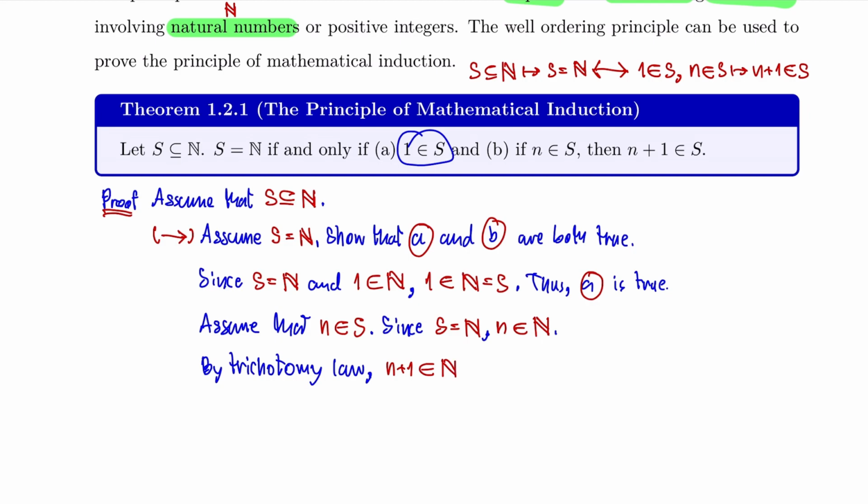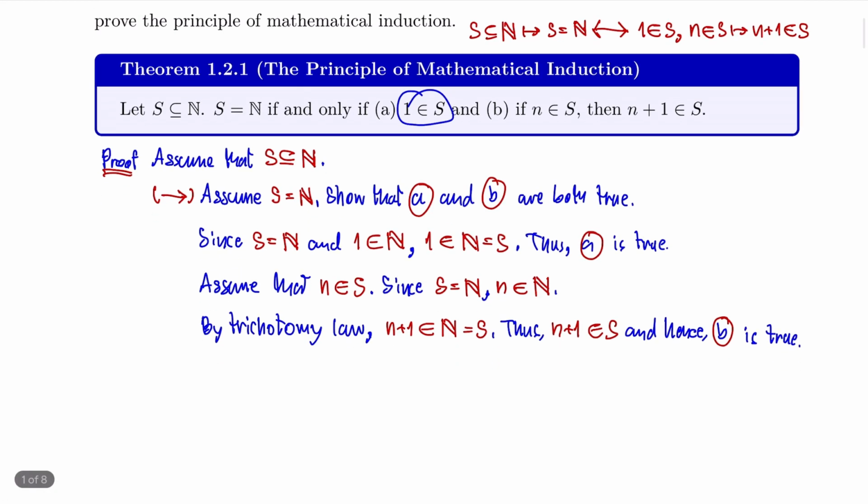And the set of natural numbers is set S. So n plus 1 is in set S, and hence B is true. So we prove that A and B are both true.